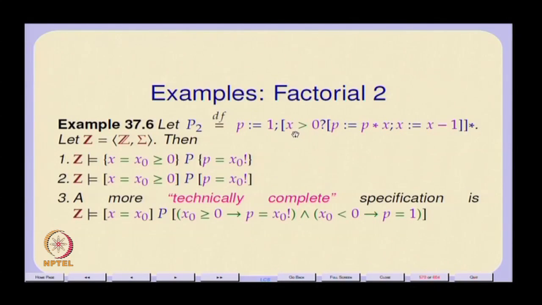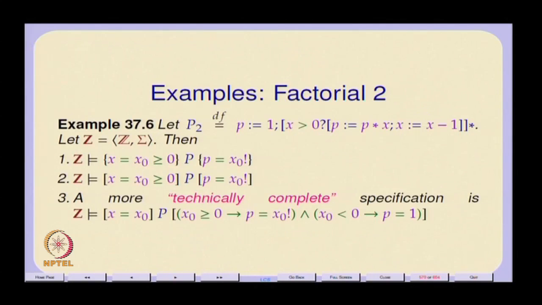So here I actually have the assertion x greater than 0 as a condition, and the same specification holds as both partial correctness and total correctness, because this program is guaranteed to terminate under the integers always.